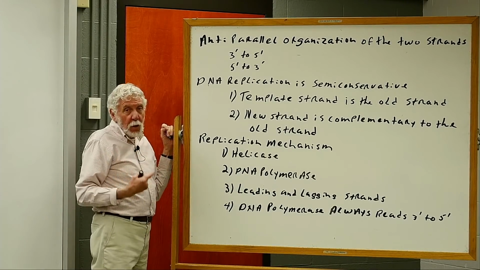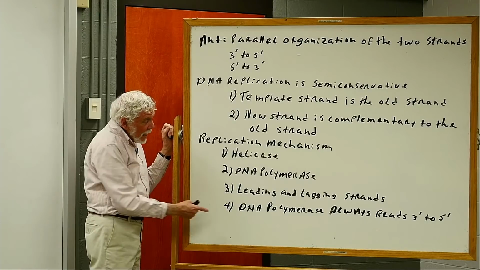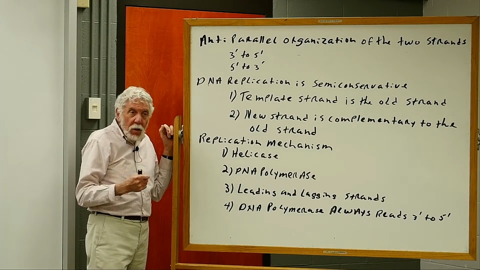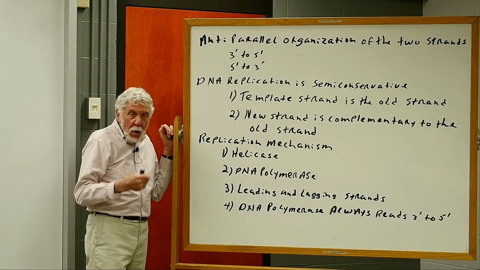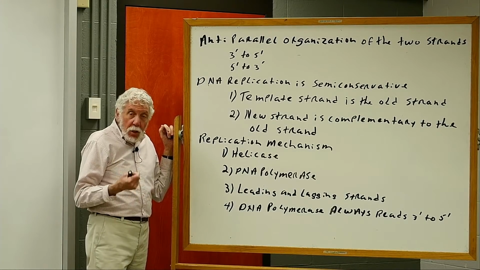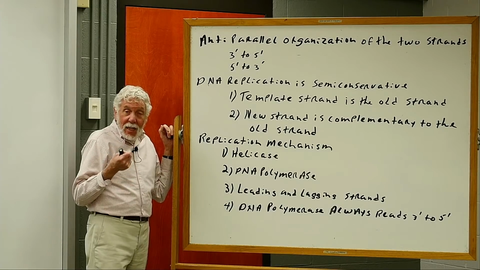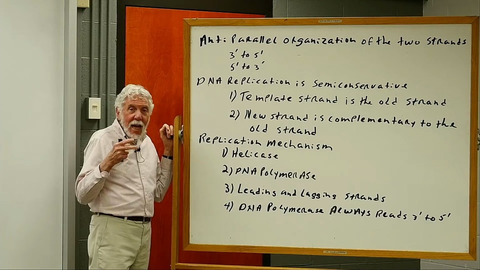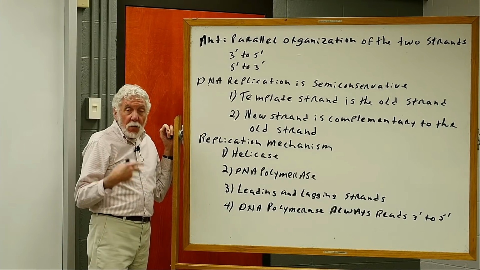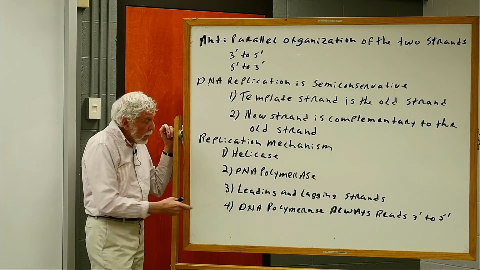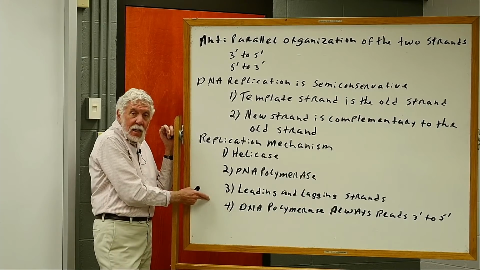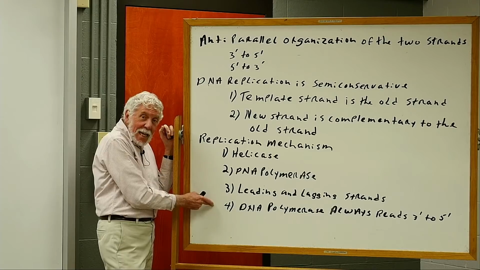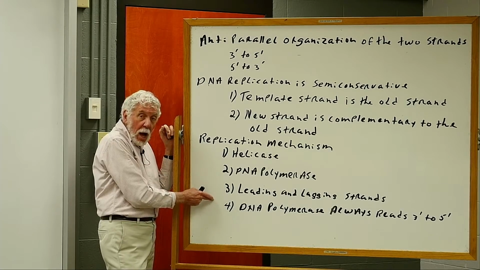There's a constraint here, though, and this constraint is that the DNA polymerase can only read in one direction. It can only read from the 3' to the 5' direction. And yet we're going to see that the two strands in the DNA molecule are oriented anti-parallel to one another. So that invokes a certain problem: the DNA strand is going to be read only from the 3' to 5' direction, and yet the two strands are oriented opposite to one another.